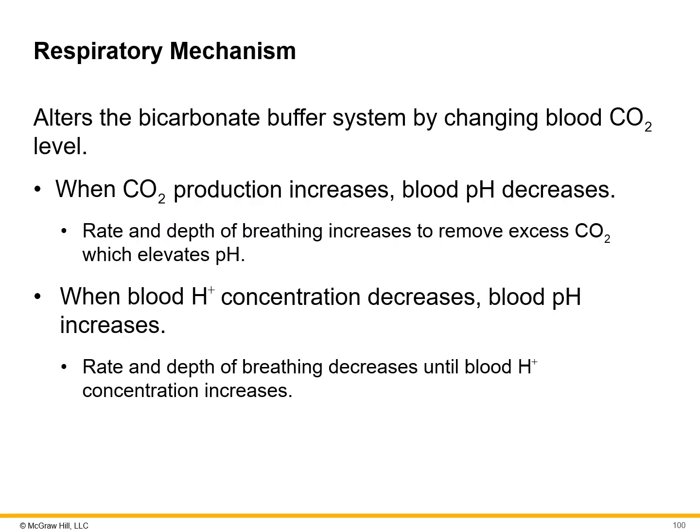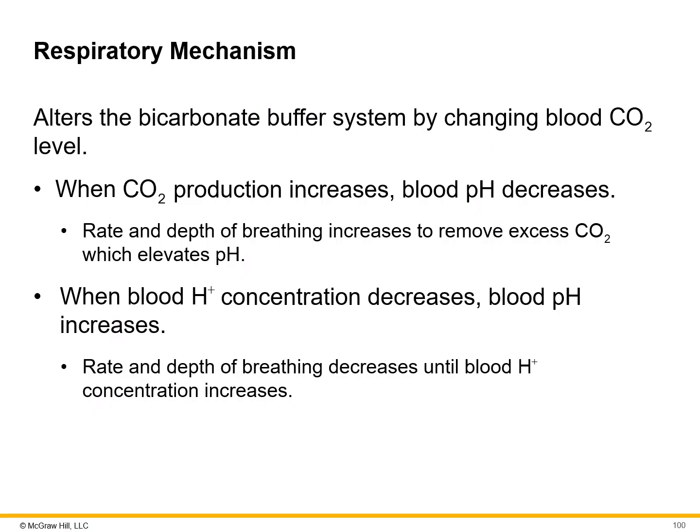Okay. So now we're going to talk about the respiratory mechanism of this. We talked about the respiratory system. Yes, it does go hand in hand with your urinary system. But the increase in the rate and depth of your breathing does cause a decrease in your blood CO2, which is your what? Carbon dioxide, right?